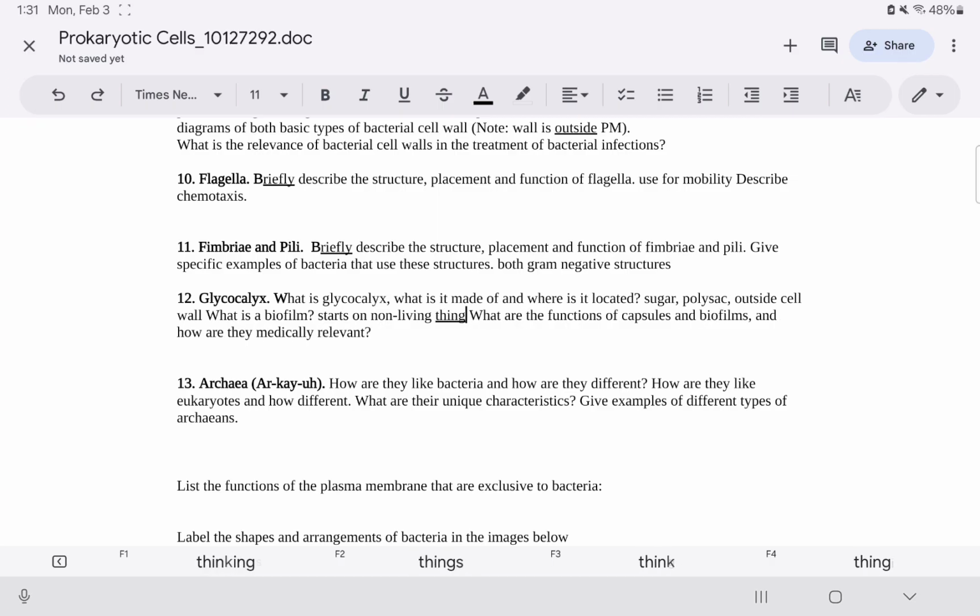So an IV, for example, let it be changed every once in a while, because what if something's wrong on there? We've just got to recognize that. Functions of capsules and biofilms: this is going to protect the cells within from phagocytic cells, antibiotics, a lot of cleaning agents, the protective layer.